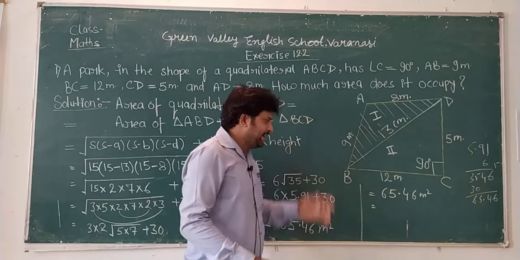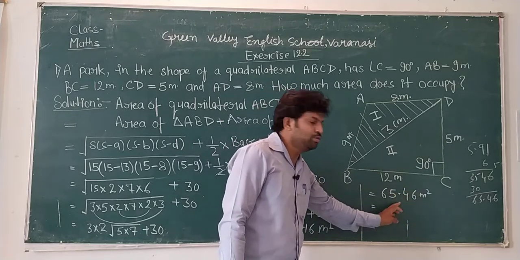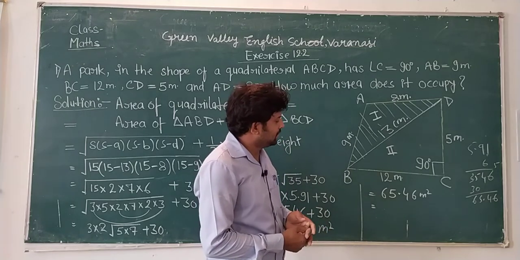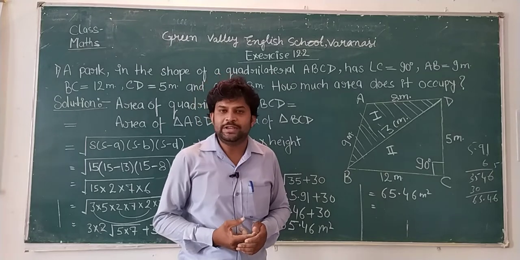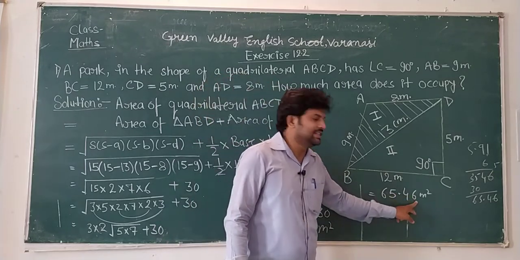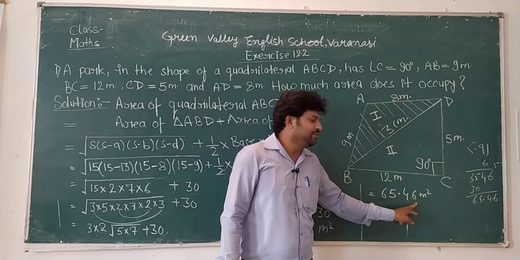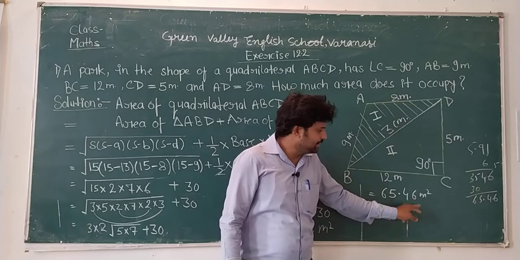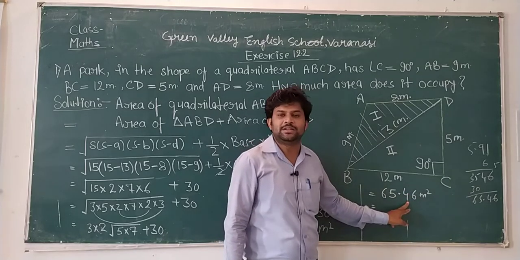Okay, now we write rounding number. Rounding number nearest to 10. The procedure of rounding number nearest to 10: first of all we see the unit digit, it means the ones digit of the given number. When the ones digit of the given number is less than 5, then the ones digit becomes 0 and the tens digit we write as it is.